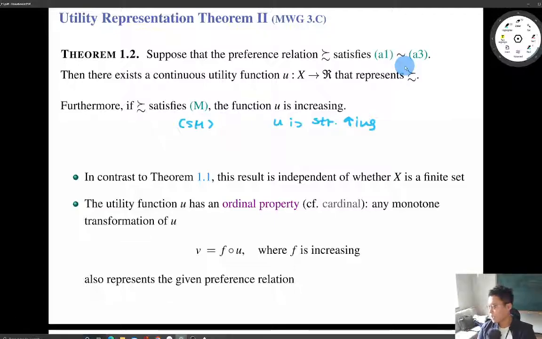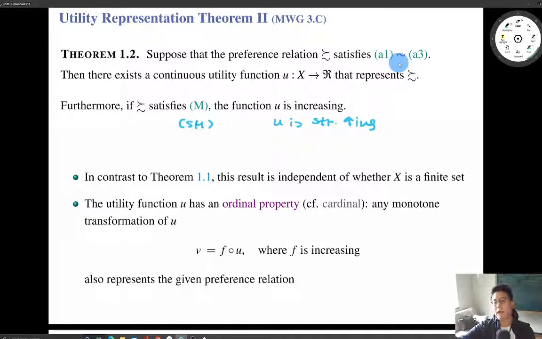The preference relation is not observed by analysts. We can see people's choices, but we know everybody has a taste. Every consumer has a taste, and the utility function representing that preference relation is also unobservable. But under these assumptions, we can at least say some utility function exists that exactly captures one consumer's preference relation.